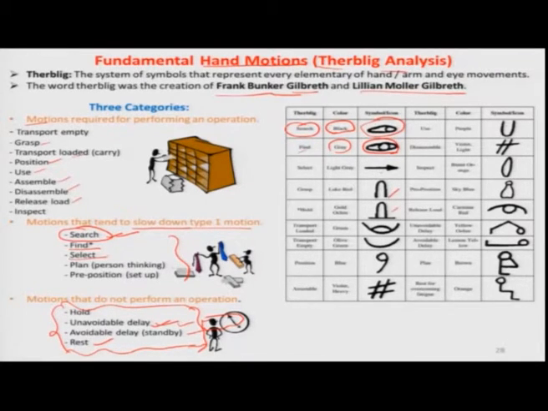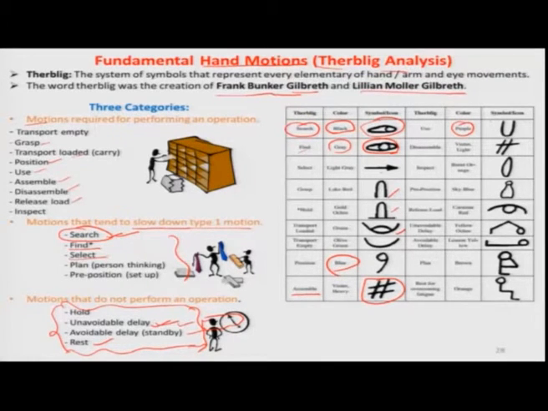Select, grasp, hold, transport loaded, transport empty, position: blue color. If you are assembling something, so hash lines. If you are using something, its color code is purple, and color codes may vary from industry to industry. It is not strict.